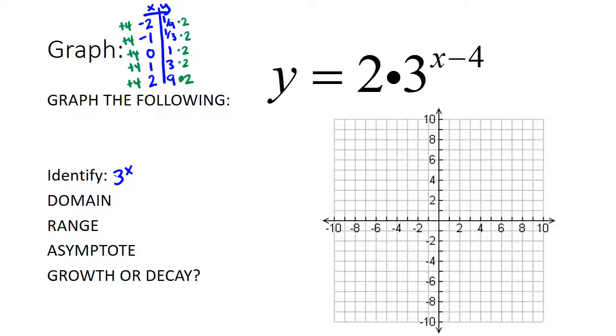This will help us create our new table of which we can graph. So we end up with x values of 2, 3, 4, 5, 6 and y values of 18, 6, 2, 2/3, and 2/9.